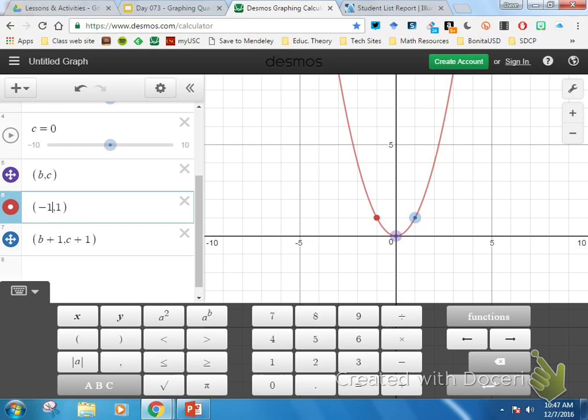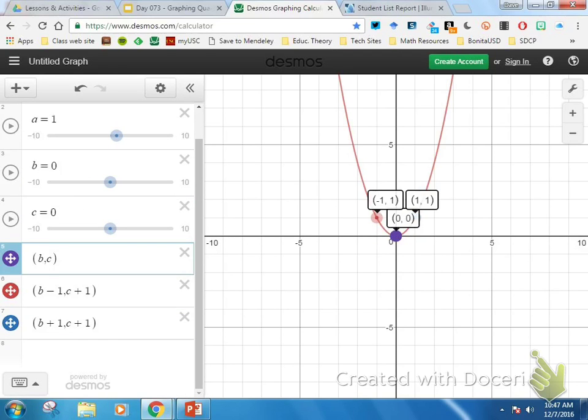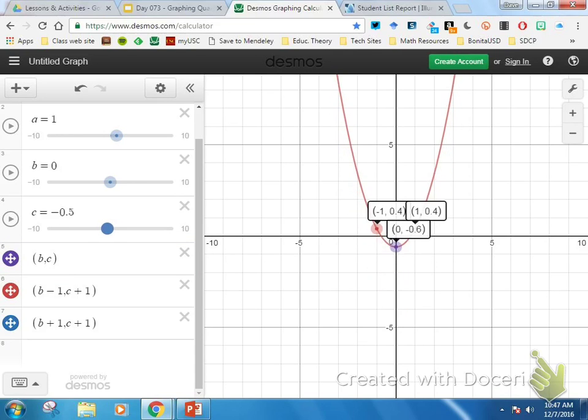I totally do that. B minus 1, and C minus 1, C plus 1. You see how this point right here is the same right here and here? Do y'all see that? So watch me move my C again. You see how they all move together? That point will always be there.